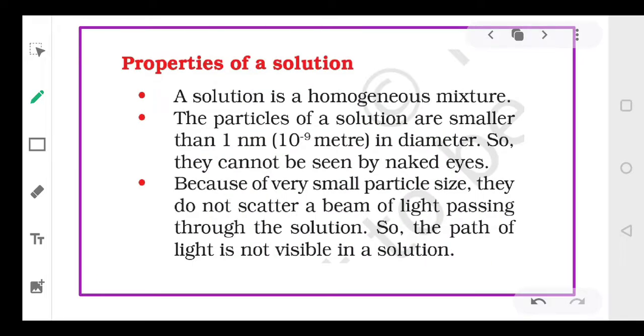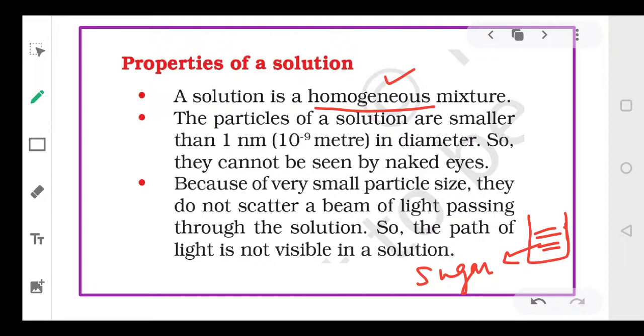Now coming to the properties of solution. Solution basically is a homogeneous mixture. Now as I was telling you, suppose you have a beaker and you are adding water, then you are adding sugar into it. We will mix the sugar properly, so the sugar will dissolve in the water, right?